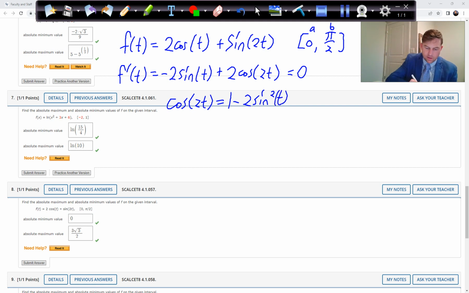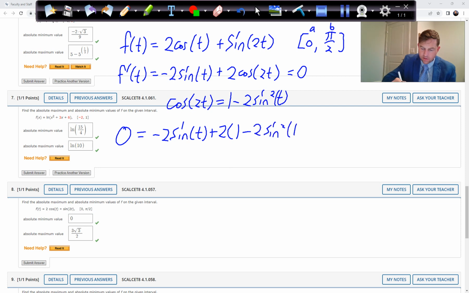So we're replacing this with 0, so let me just plug in 0. 0 equals minus 2 sine t plus 2 times 1 minus 2 sine squared t. And we can divide everything by 2. Let's do that to be simpler.